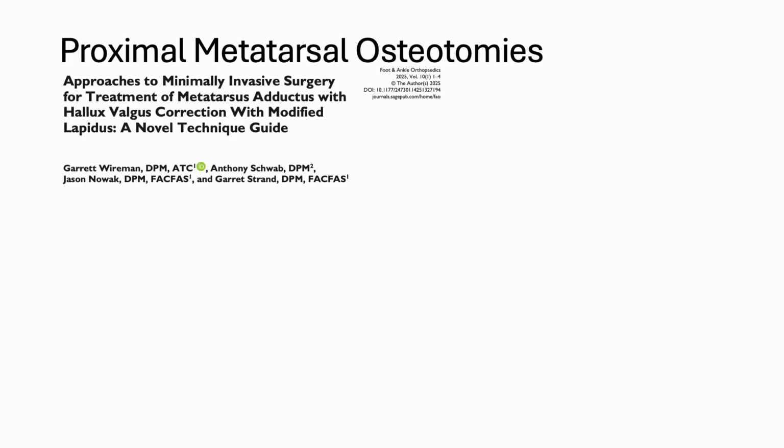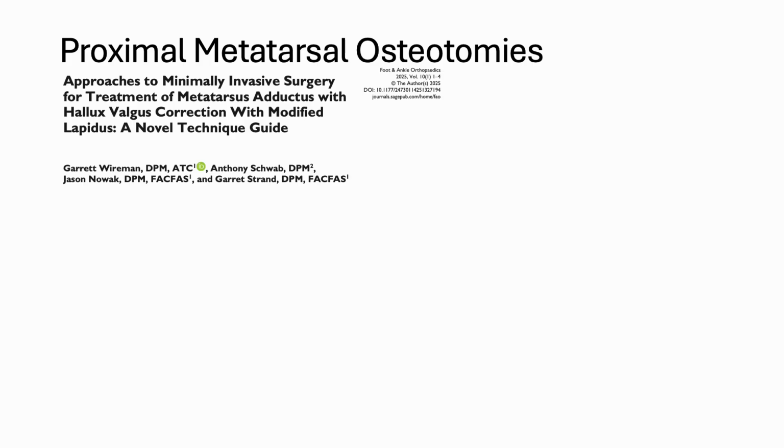Now, this is a study that I recently read and I really liked because I like doing minimally invasive surgery. It's more of a technique paper, but really highlighted that Journal of Orthopedics for the pediatric paper. You have good evidence. They had good functional outcomes. They had good radiographic outcomes.